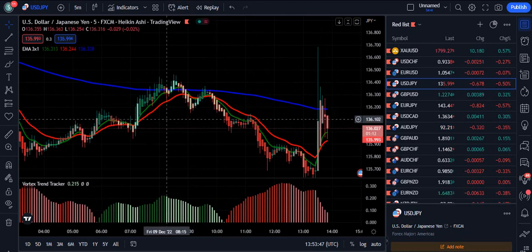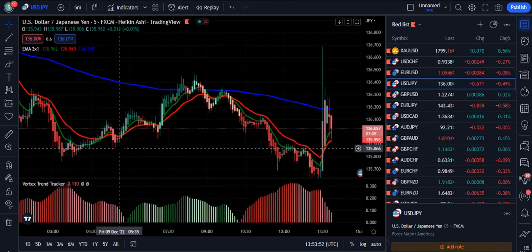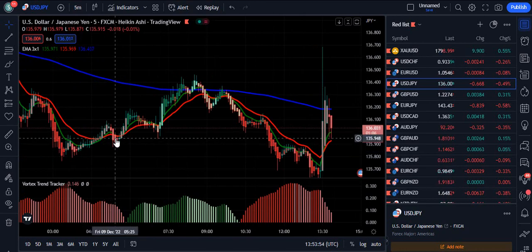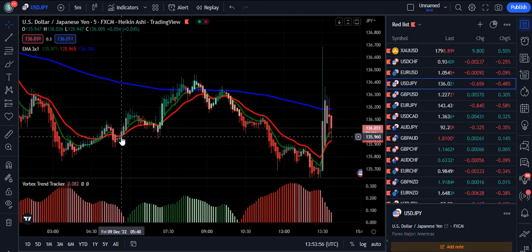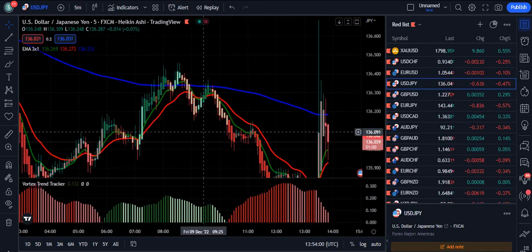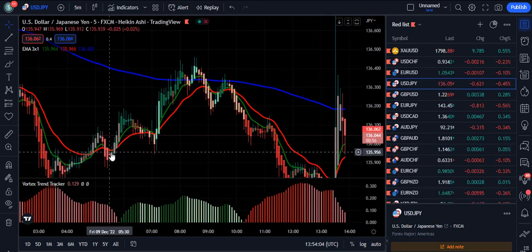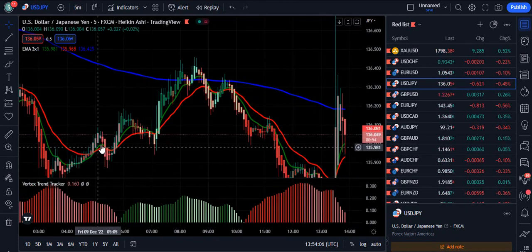Okay, so first of all, let's talk about the entry rule. The entry rule is very clear. When there will be a bullish crossover, you will see that the green line will be at the top and the red line will go below. So it will have a bullish crossover like this, like you can see here.